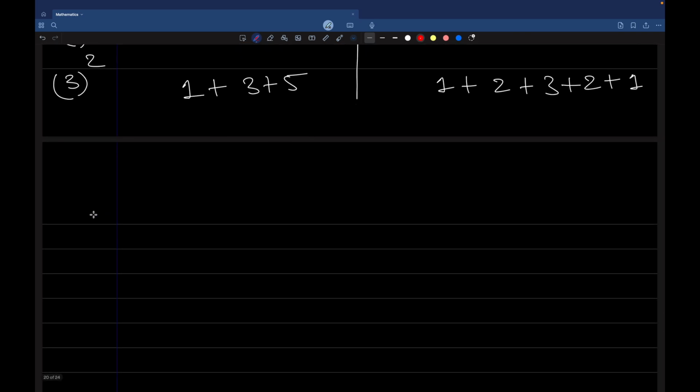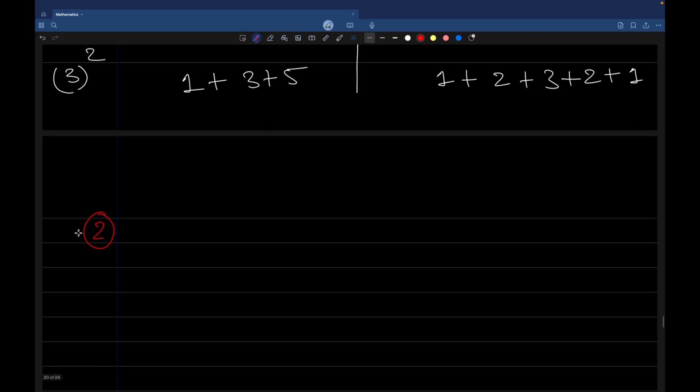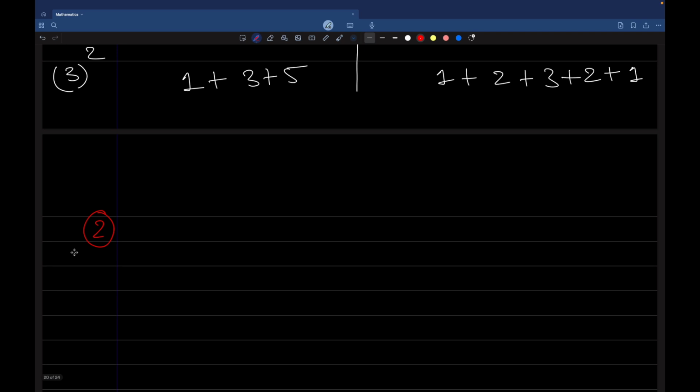Now let's try question number 2. By imagining a large version of your picture, drawing it partially as needed, can you see what will be the value of 1 plus 2 plus 3 up to 99 plus 100 plus 99 plus 98 up to 1?